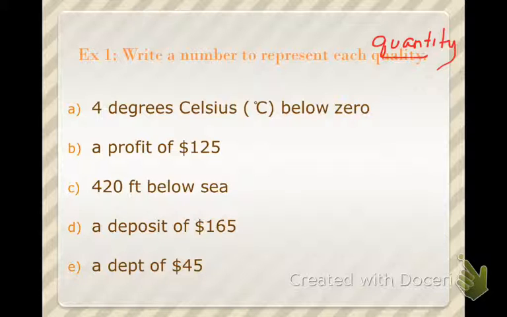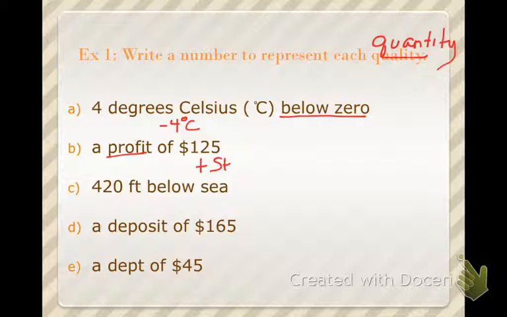A. 4 degrees Celsius below 0. So you have 0, and then it's 4 below that, which would make it negative 4 degrees Celsius. It's a pretty cold day. And then you have a profit of $125. A profit means you made money, so that's a positive amount.